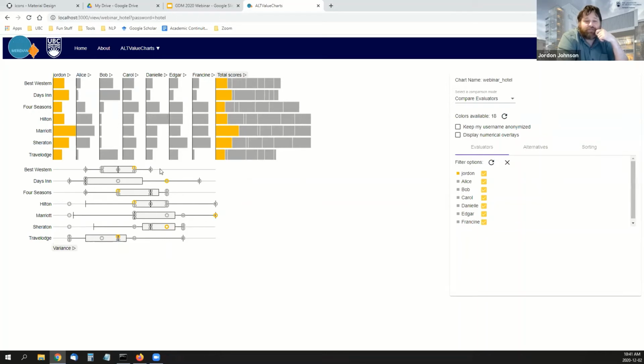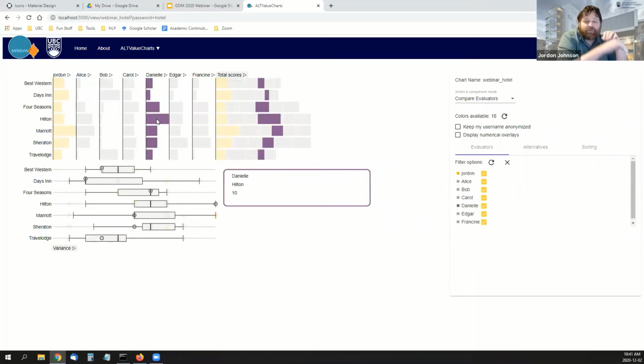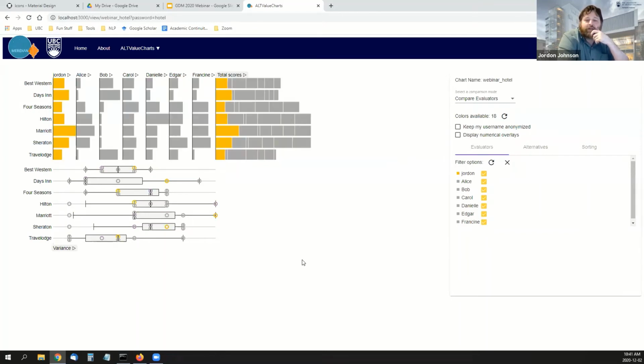Now if I want to look at Danielle's, notice when I hover over one particular mark, in this case Danielle, all of Danielle's marks show up so that I'm able to see Danielle's scores everywhere. This is an idiom called linked highlighting. It's an interaction.